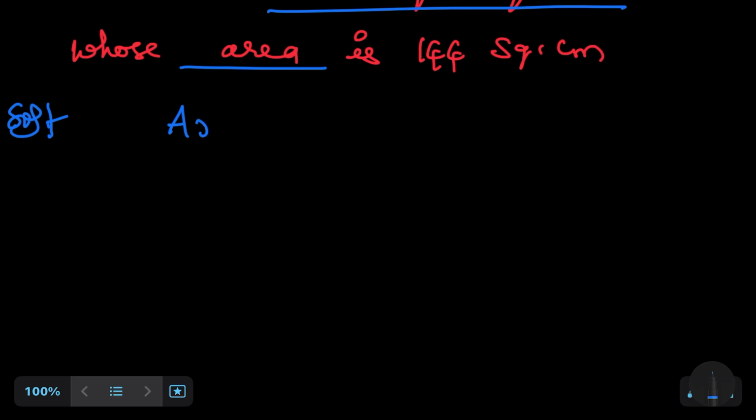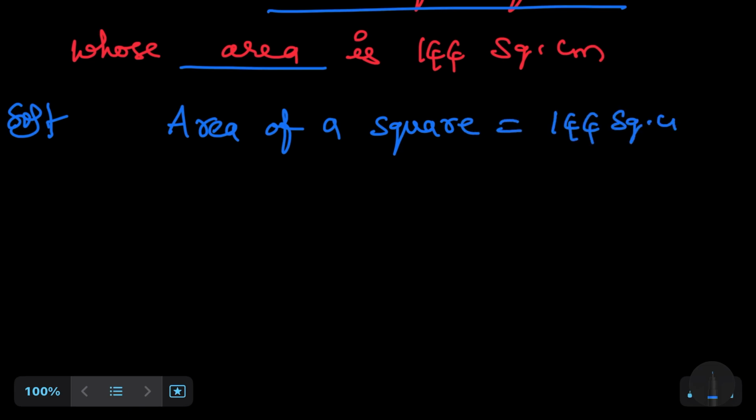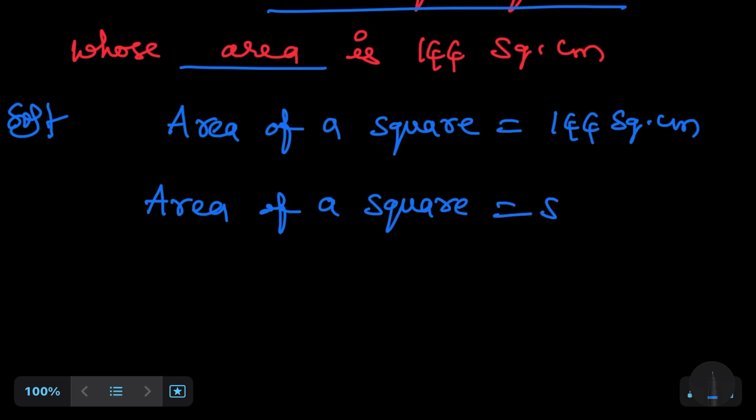They have given the area of the square, 144 square centimeters. What is the actual formula of a square? Area of a square is side into side. So side into side equal to 144 square centimeters.